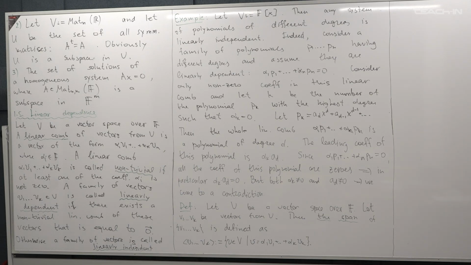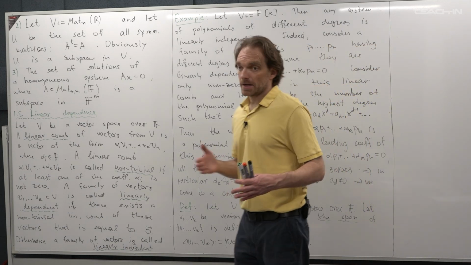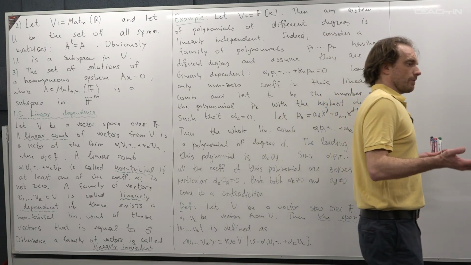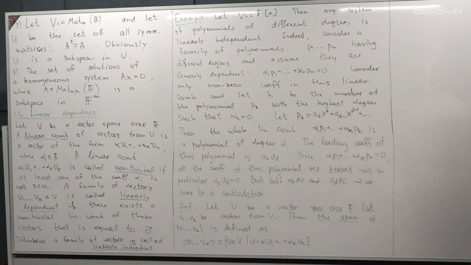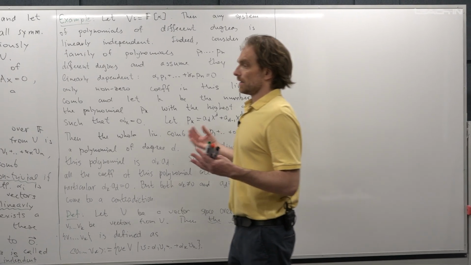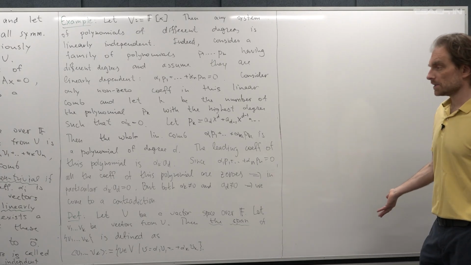We had a theorem that describes the relation between linear dependence or linear independence of a system of vectors and its subsystem. For example, if some family of vectors is linearly dependent, and we add some more vectors, then it will still be linearly dependent.